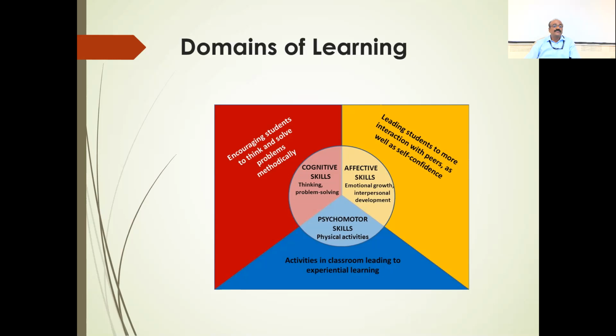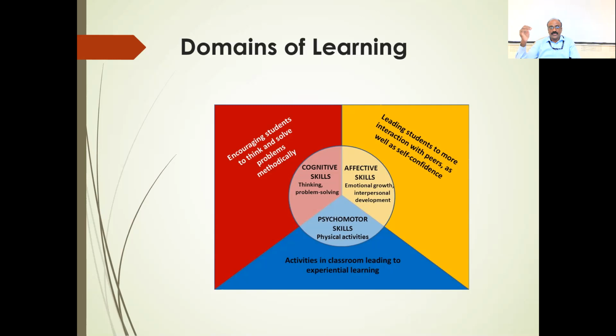So cognitive deals with how a student acquires, processes, and utilizes the knowledge. It is the thinking domain. This domain focuses on intellectual skills and is familiar to educators. Bloom's taxonomy is frequently used to describe the increasing complexity of cognitive skills as students move forward from a beginner to more advanced level in their knowledge.